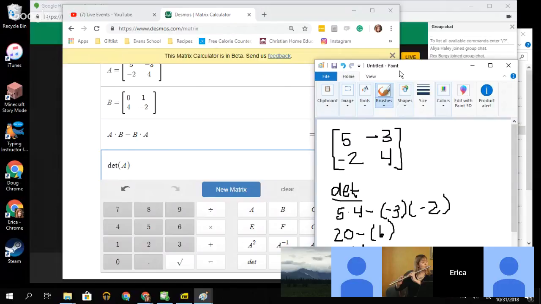So if you hit matrix, math, determinant, and then put in A, then it will determine the determinant for you.